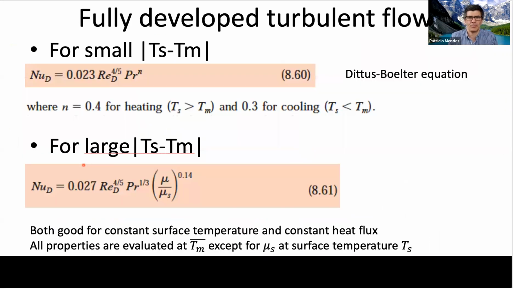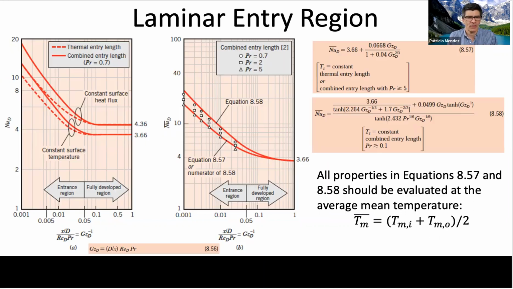We have this Dittus-Boelter equation that looks so much like a flat plate, and all we need to do is calculate Reynolds, and we know the Prandtl, and we're awesome. If we are talking about the entry region, we can also calculate it. This is the laminar entry region, and this formula reduces to the case of laminar flow in the fully developed region.